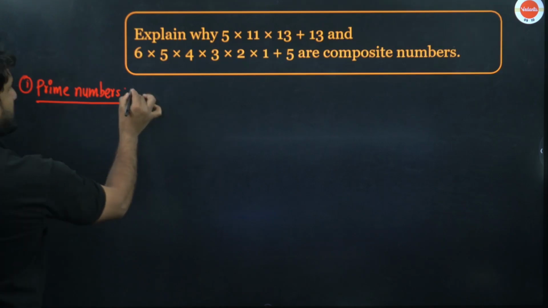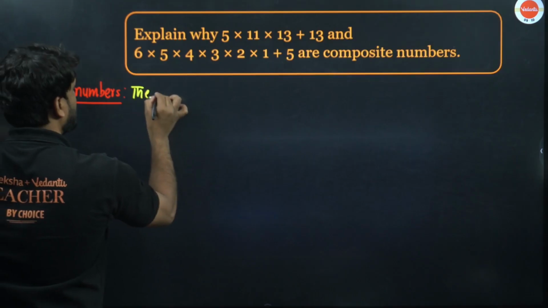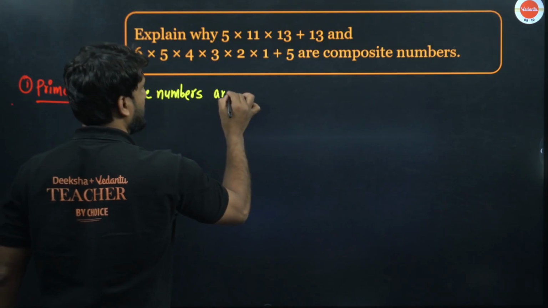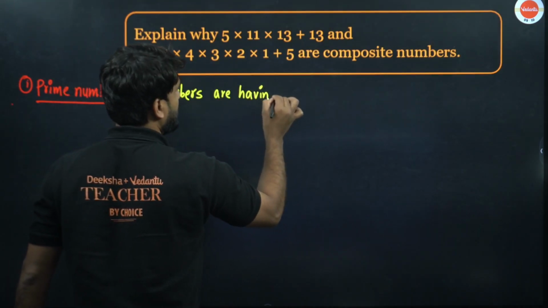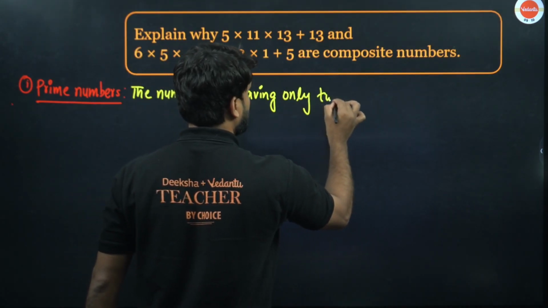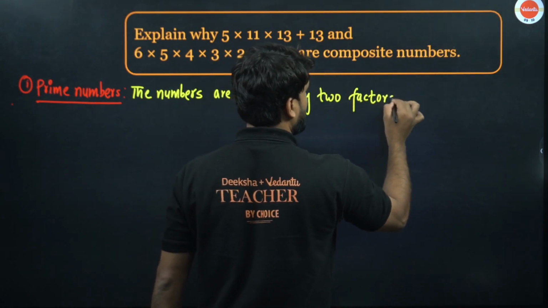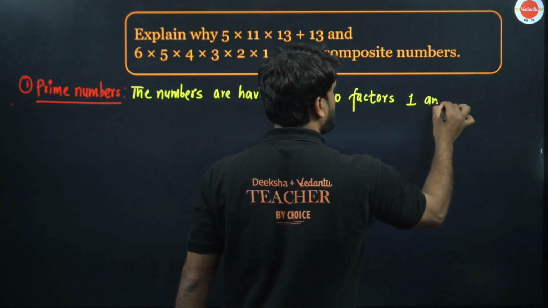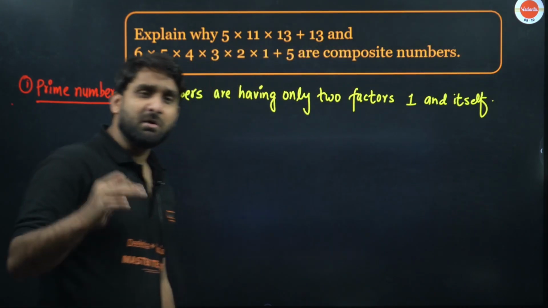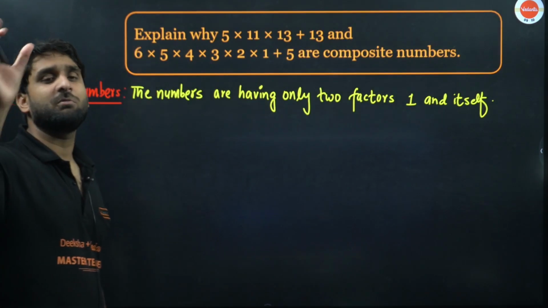So the definition I'm writing here: the numbers having only 2 factors, 1 and the number itself. Such numbers are called prime numbers.